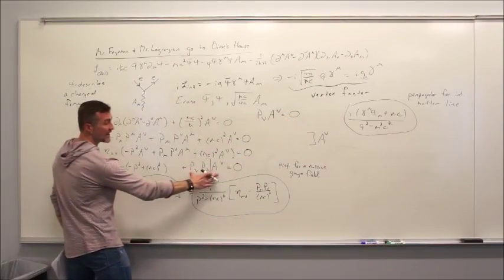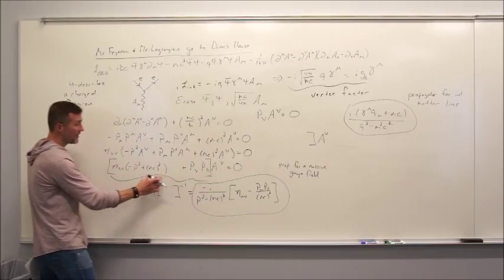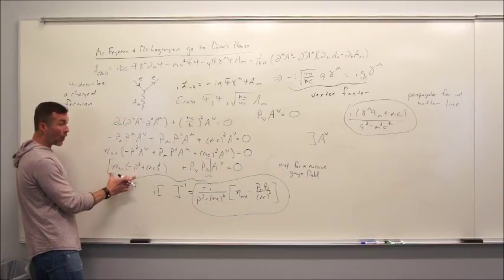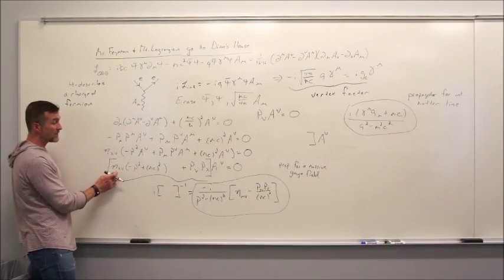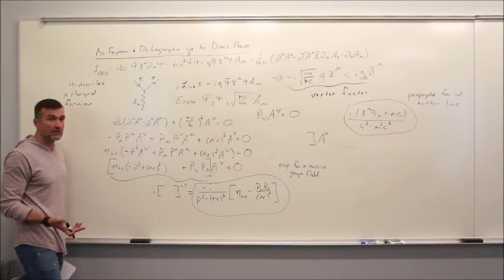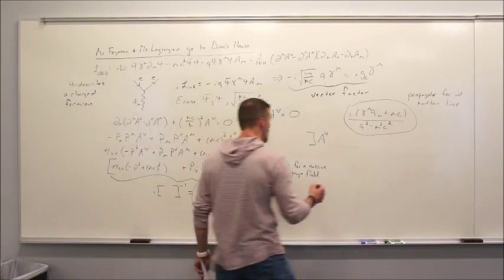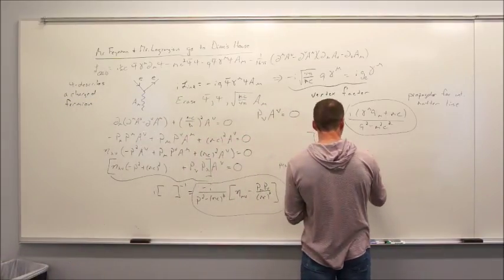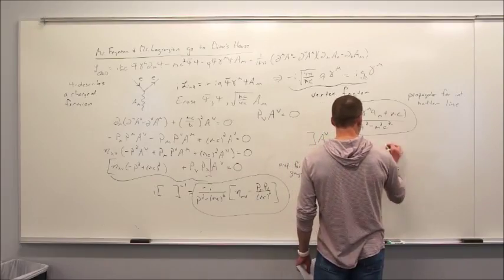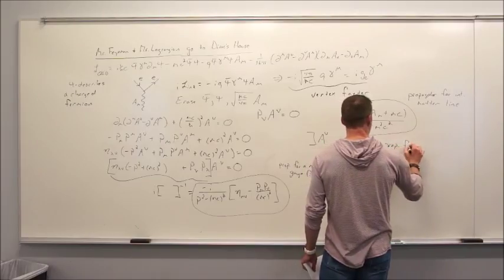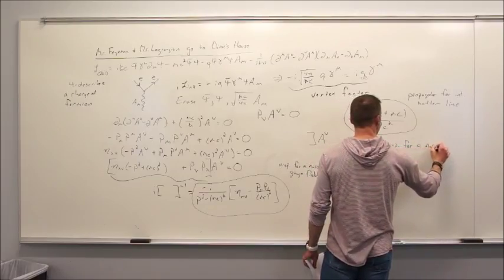So this term actually vanishes. The mass is 0, so the whole equation of motion just reduces to a nu times p squared equals 0. Okay? So for a massless gauge field, we just get minus i a to mu nu over p squared. And this is the propagator for a massless gauge field.